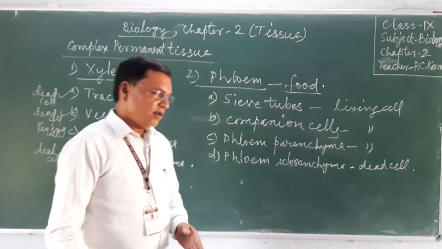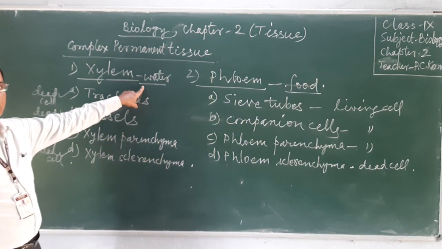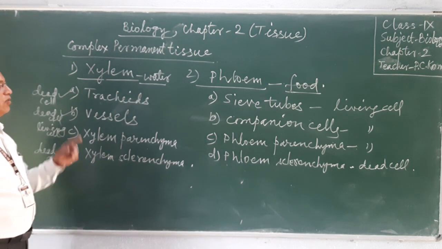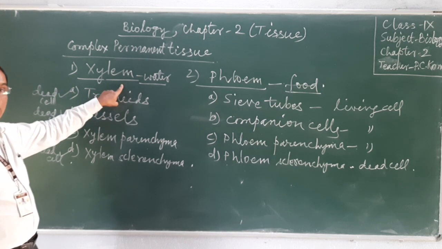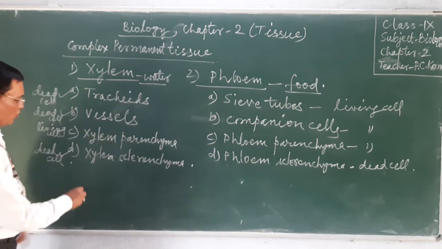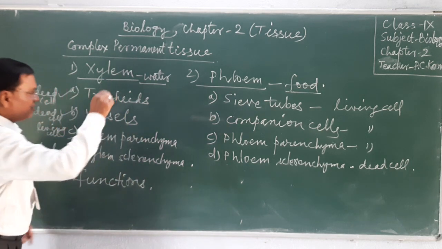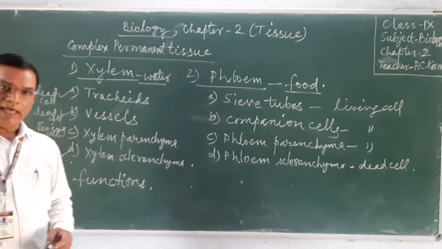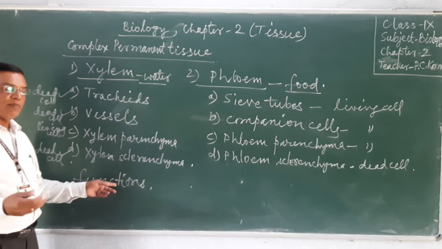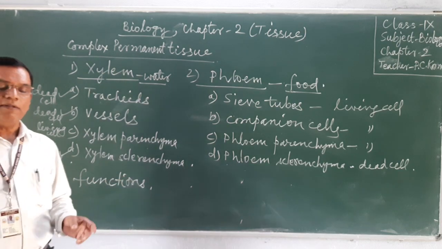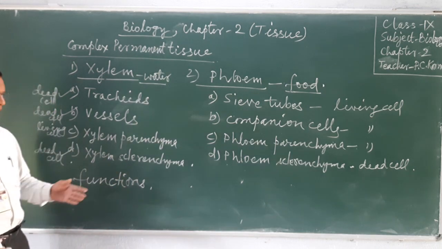Now, what are the functions? Main function I have already told you, but other functions. So far as the other functions are concerned, xylem helps to give mechanical support to the plant. You must write the functions. If no mechanical support is given, then this plant may fall down, parts may break.